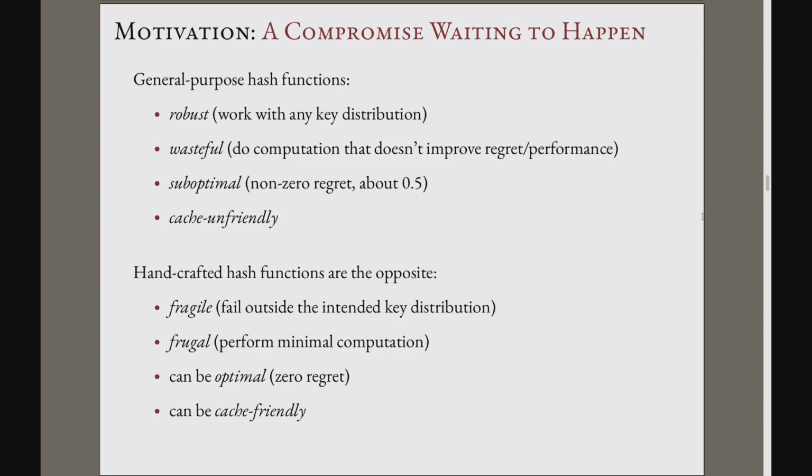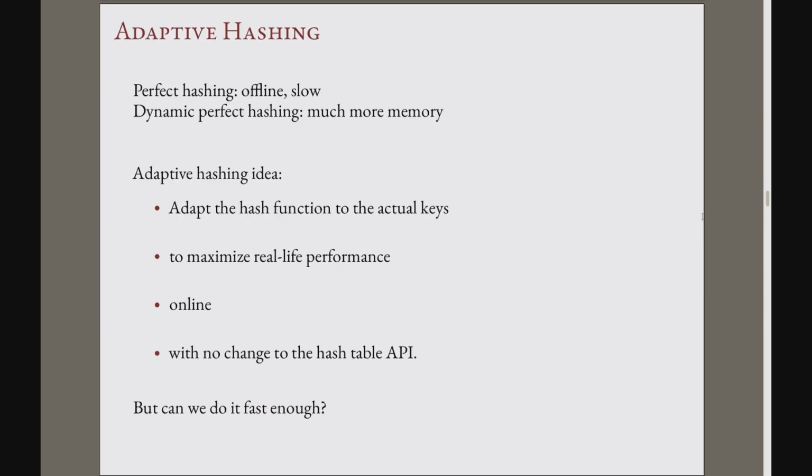They scatter everything in the most cache unfriendly way possible most of the time. Now, hand-crafted hash functions can try to address these issues, but they become fragile in the process, and they fail badly outside the intended key distribution under the best circumstances. So we have something to combine. We want to marry the good things and drop the bad things.